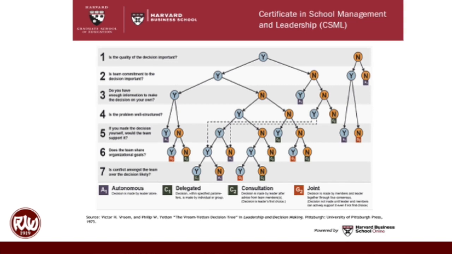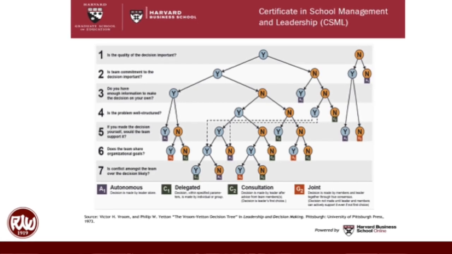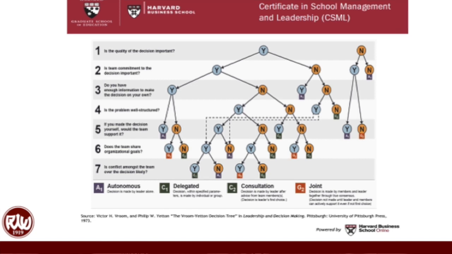And eventually, you will see from here what type of leadership will have to be used. So if it's something that is impactful to the team, it is something that we require adequate information, it is something that is well structured and so on, you can be guided by the 7 questions.